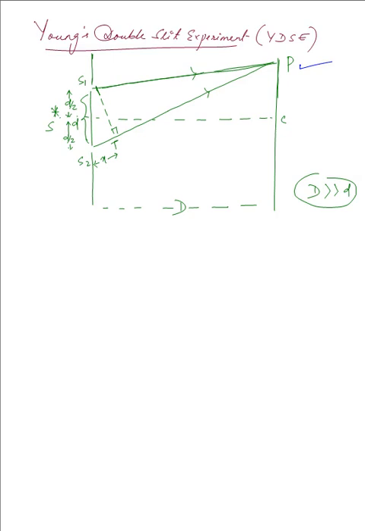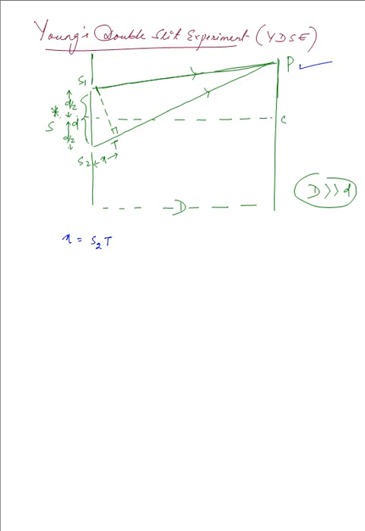So let's determine the path difference first, which is x, which is equal to S2T. In order to determine that, what we need to know is first S1P squared, as you can see.